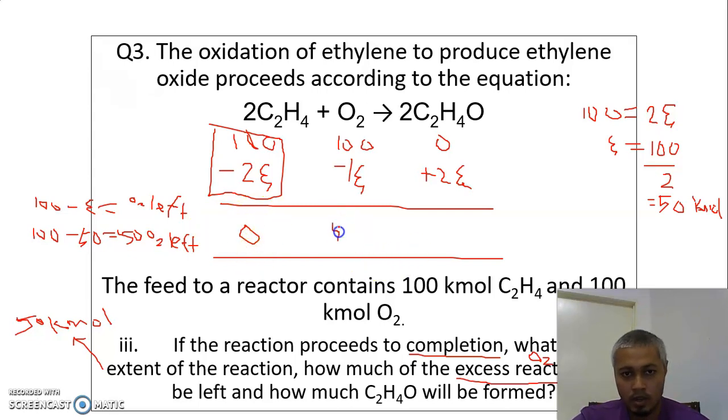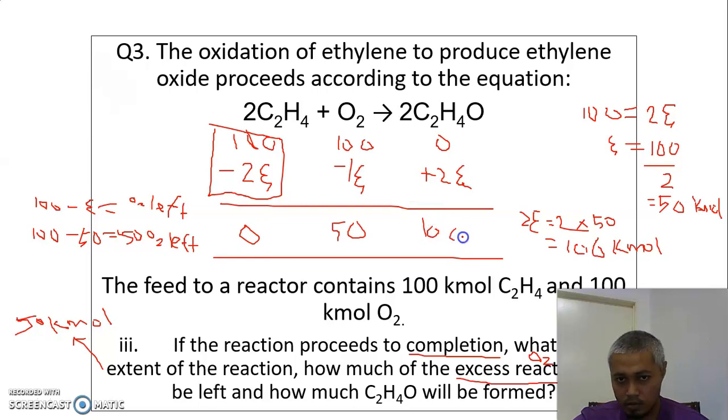We have 50 here. Last one, we have 2 epsilon equal to 2 times 50. So the amount of C2H4O produced is 100. So the answer for this is 100 kilomole.